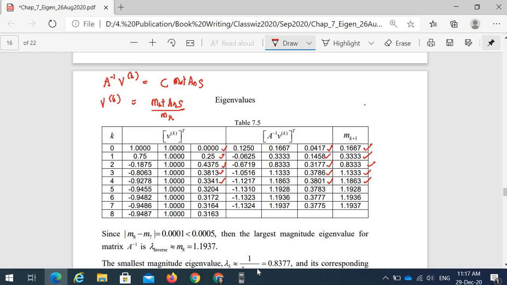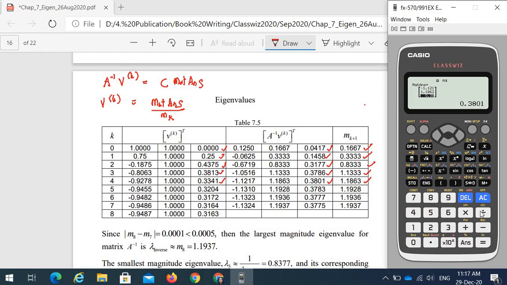So repeat to get the next Vk. Use the max answer, divide by 1.1863. Let's round it a little.